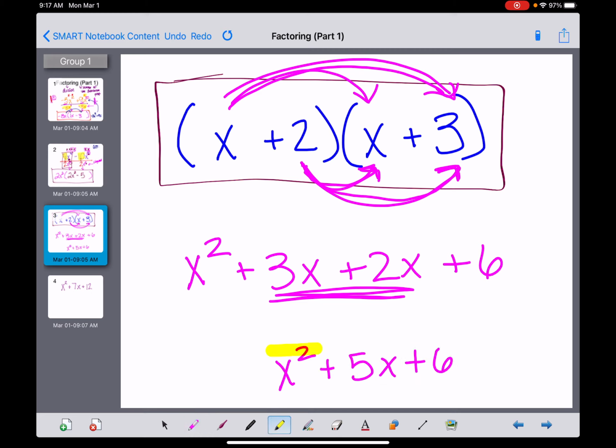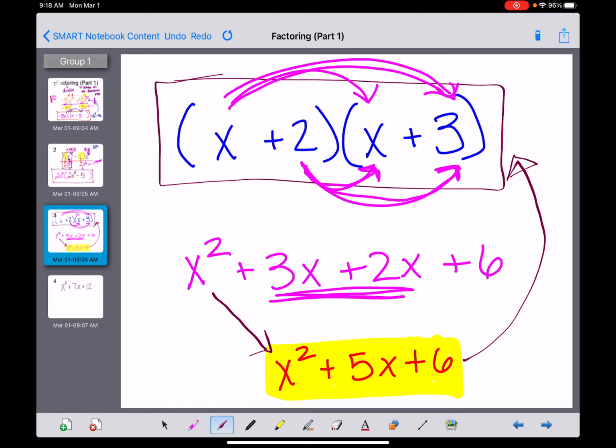So we're going to be starting with the trinomial, and our goal is to work backwards to get to the double distributive property. There are some characteristics that we need to look at. First, our first multiplication is going to match the first term in our trinomial.